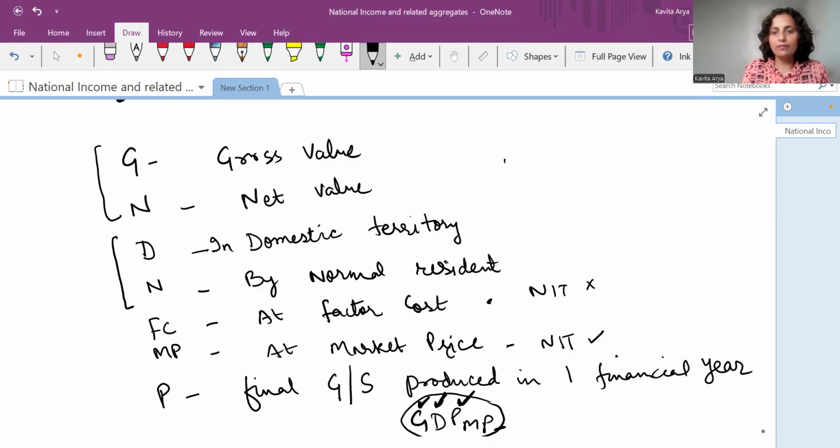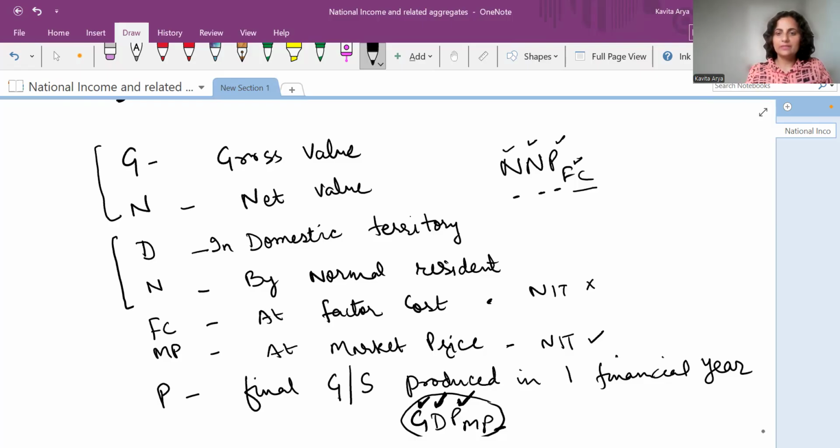Like the definition of NNPFC. I have to speak about N, I have to speak about N, I have to speak about P and then FC. The final value of all the goods and services calculated at factor cost, produced by the normal resident of the country in 1 year.